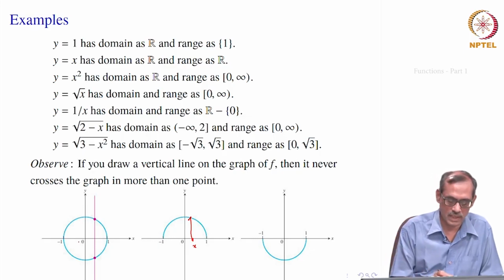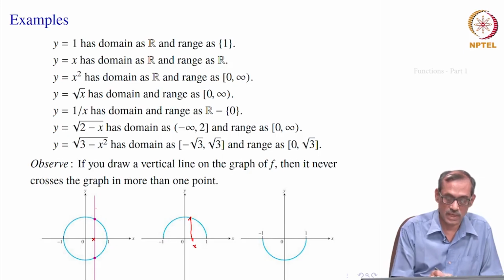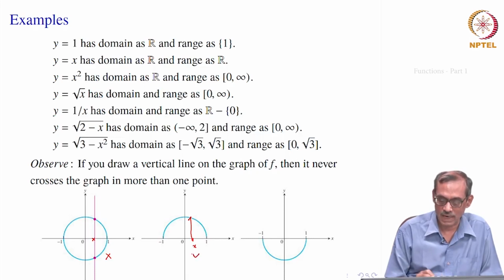But if you go to the other side, the first picture, if you take any x here, corresponding to it there are 2 points now, and that is excluded from the definition of the function, that from a point it should take to a unique point. So, this is not unique now, there are 2 points corresponding to that x. Therefore, this is not the graph of a function. This can be the graph of a function.